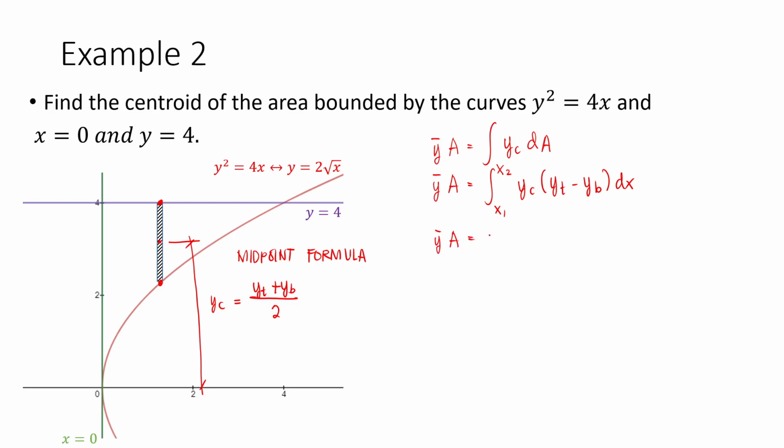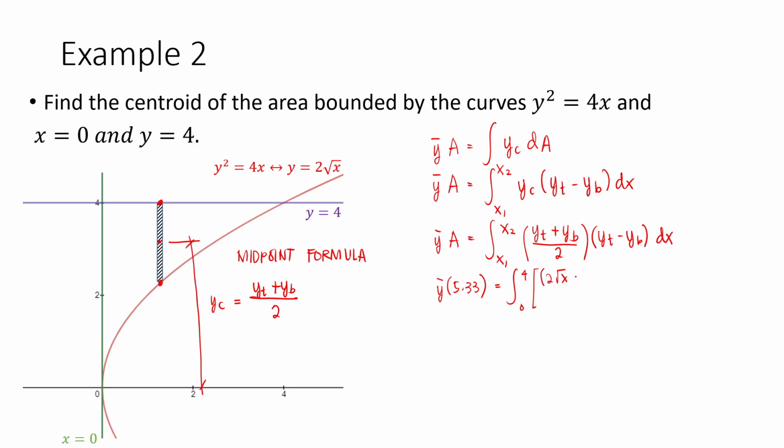So bar y times area is equal to integral x1 to x2, then you're going to have y top plus y bottom all over 2, and then times y top minus y bottom dx. Okay, so again, I want to help my calculator, but for your case, if you don't want to help your calculator, you may plug this one directly in your calculator. It's nice for input, right? So it's a bit stacked.